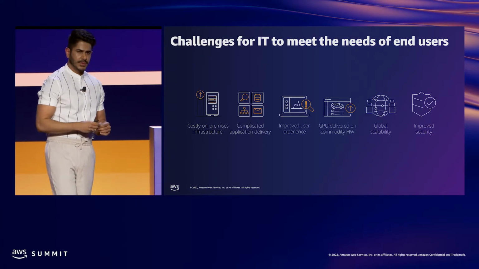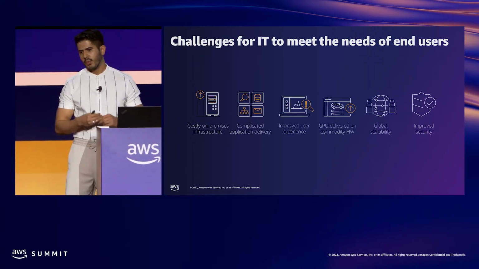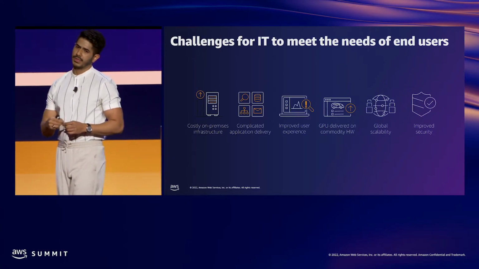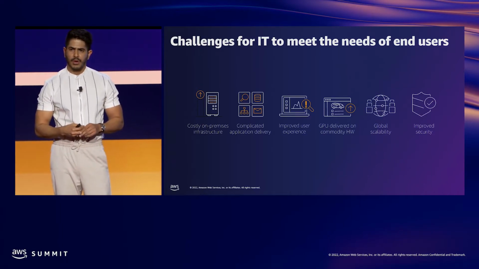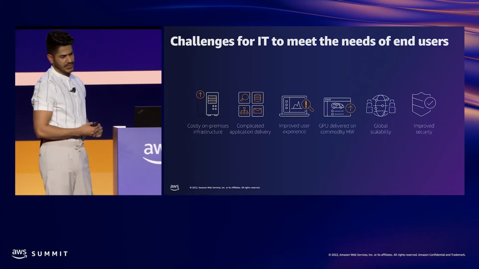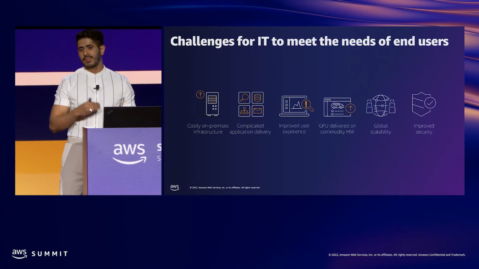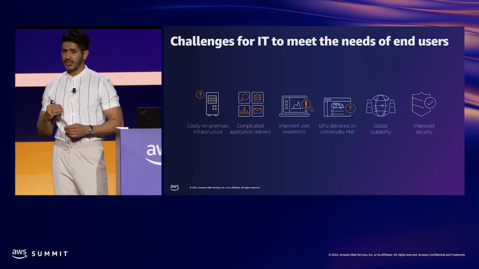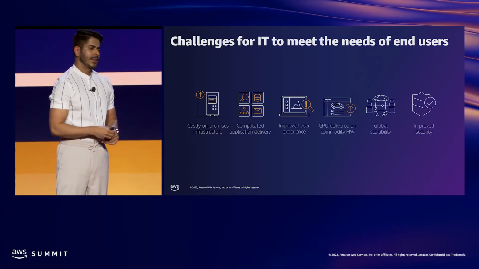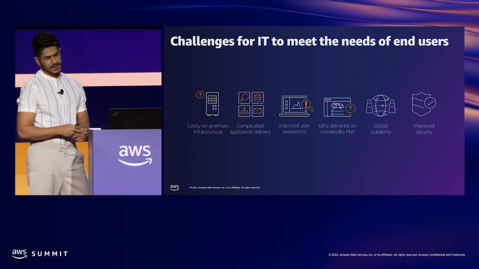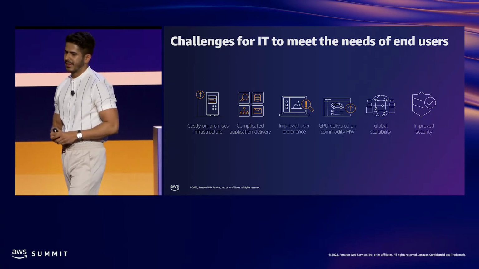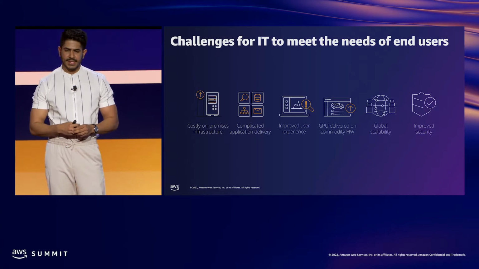Customers and users in general want the flexibility to use their own devices to connect to a virtual desktop. With on-premises VDI or with other cloud providers in general, there are some restrictions on the type of devices that you can use to access a virtual desktop, which is not the case with AppStream 2.0. And then security is the number one concern, especially in the last 5 years with all the threats that we have been seeing on the security side.